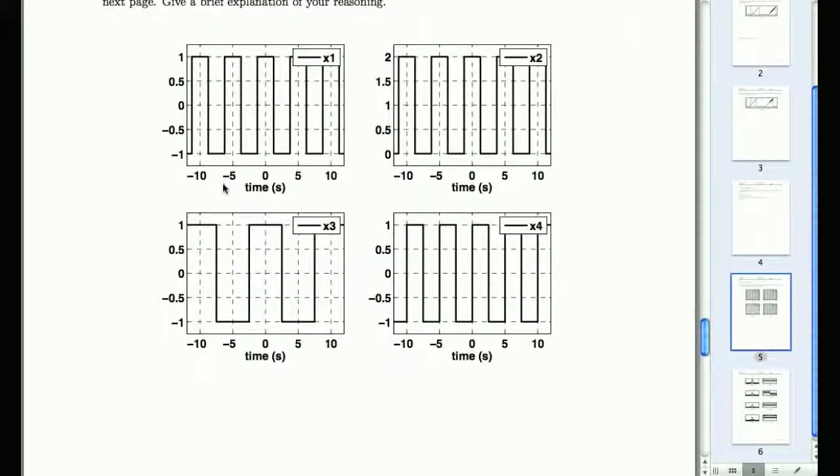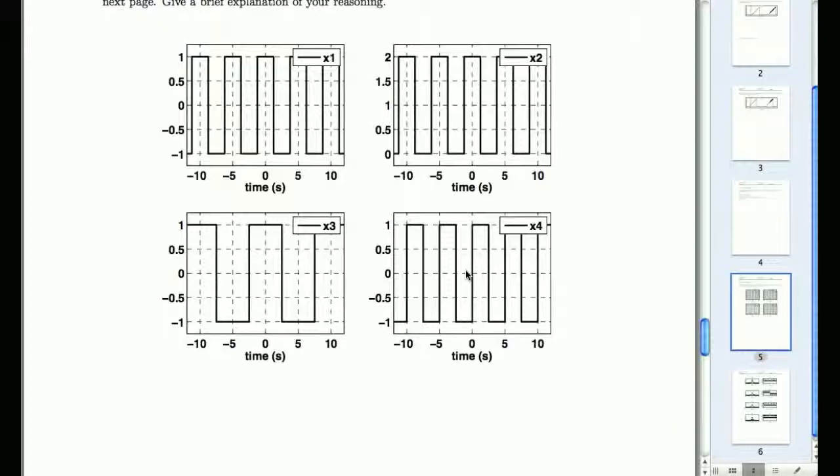That means there's the same amount above the x-axis as below. So all 3 of those have a DC offset of 0. But the left-right shift doesn't affect the DC offset.